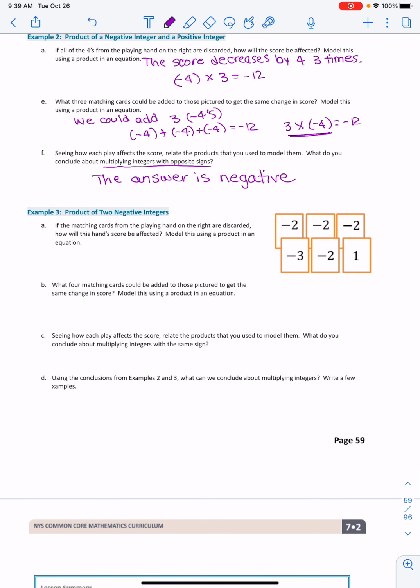If the matching cards from the playing hand on the right are discarded, how will this hand's score be affected? Model this using a product in an equation. Okay, well, removing a negative 2 would make the score increase by 2.